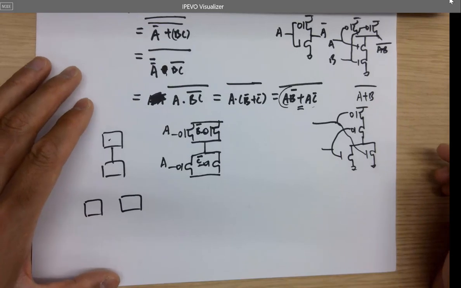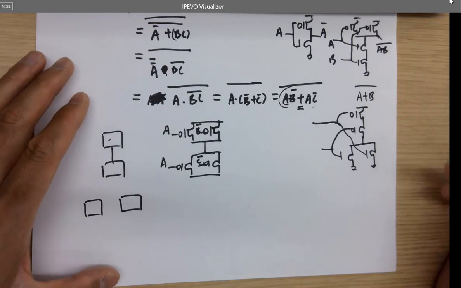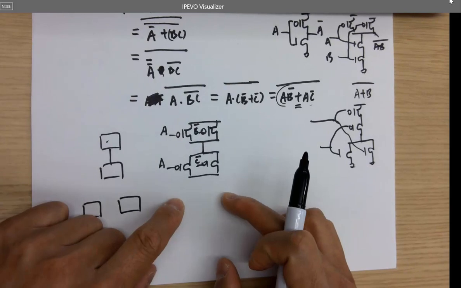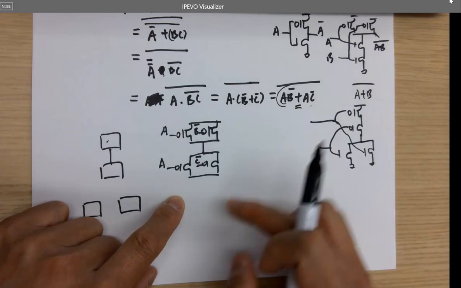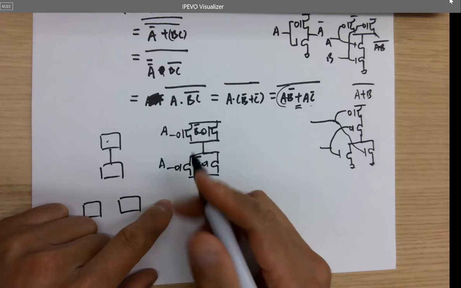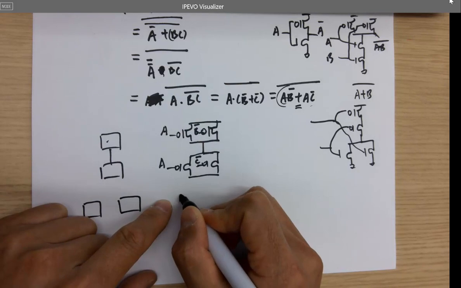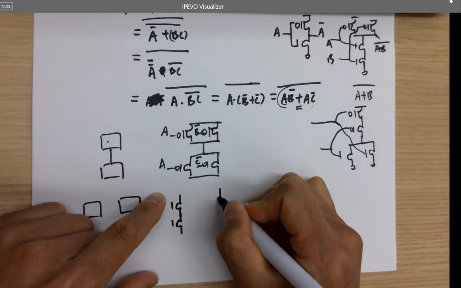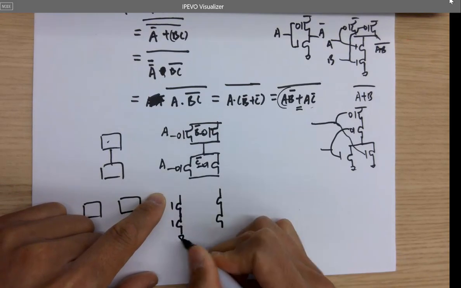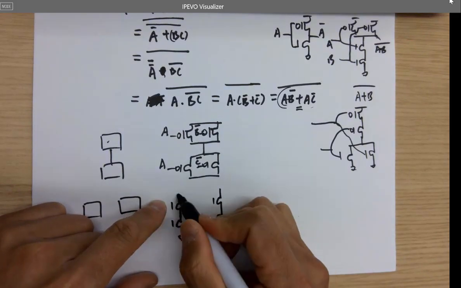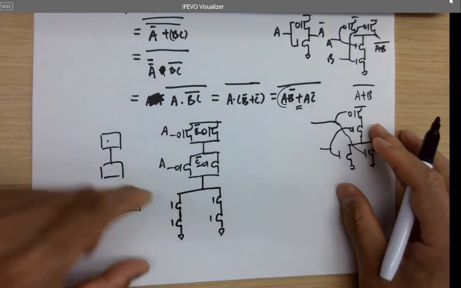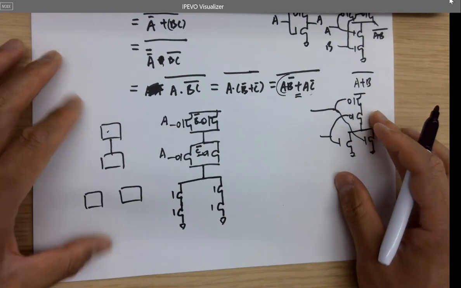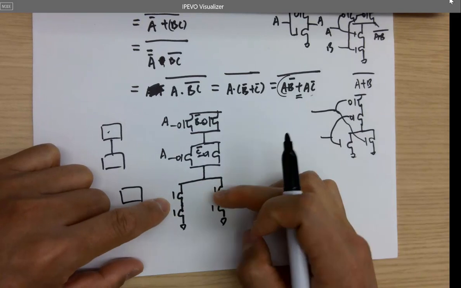That's a CMOS logic, so we need an NMOS at the bottom as well. So these two boxes are in parallel, but internally they are in series. So we'll have this. So what are these? And what are these?